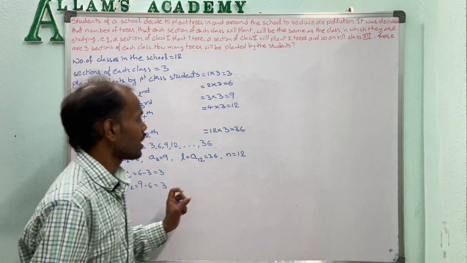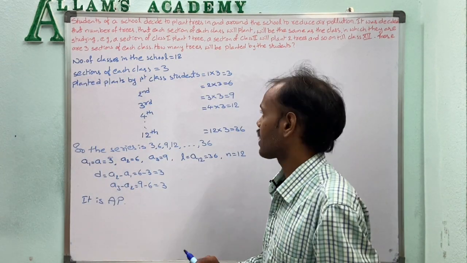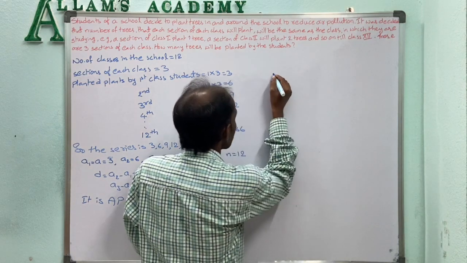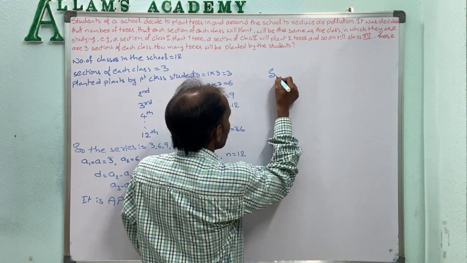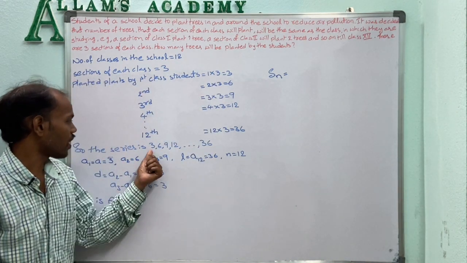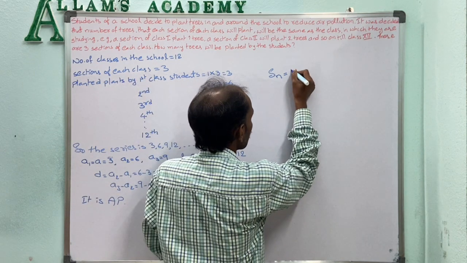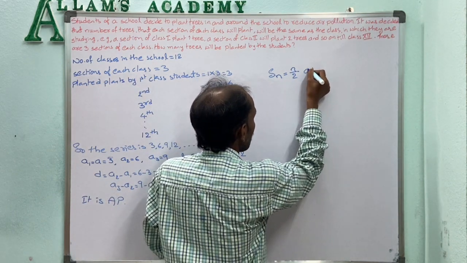So the information is in AP, arithmetic progression. Now up to class 12, how many plants are planted, that is nothing but the sum of the 12 terms. So Sn is equal to, by using the principle, here we know the first term and the last term, so we use Sn is equal to n by 2 into (a plus l).